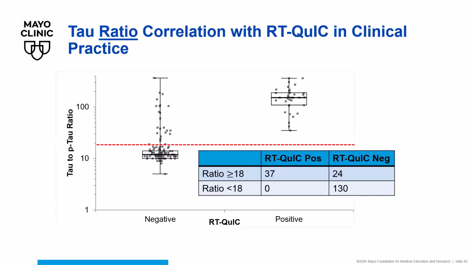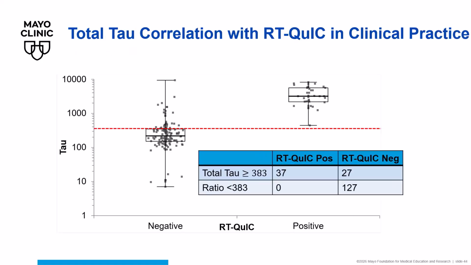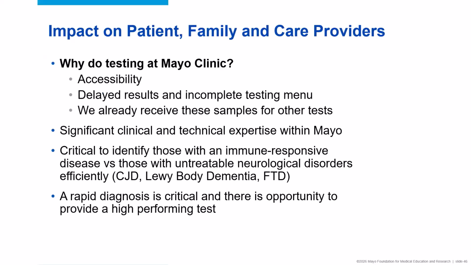But it is not specific. It's somewhere around 80 to 90% specificity in clinical practice. It does outperform tau. So again, this justifies why we utilize the ratio as an important adjunct method along with RT-QuIC. I'm going to skip over this.